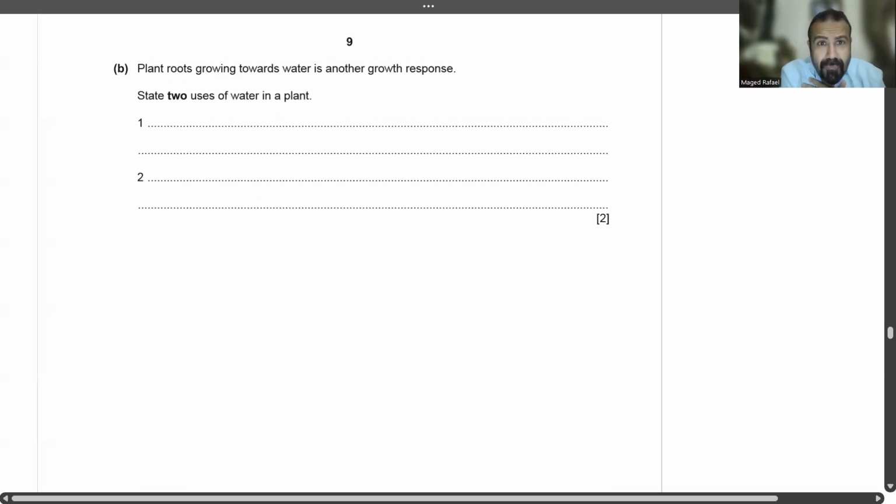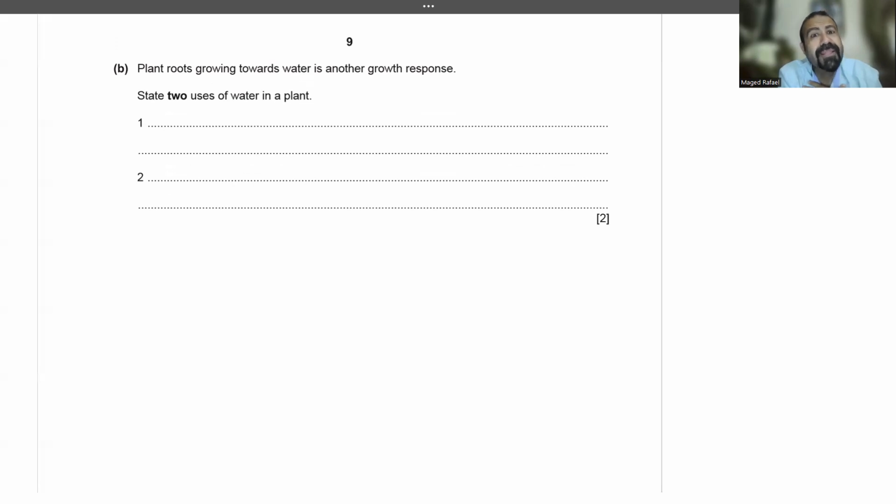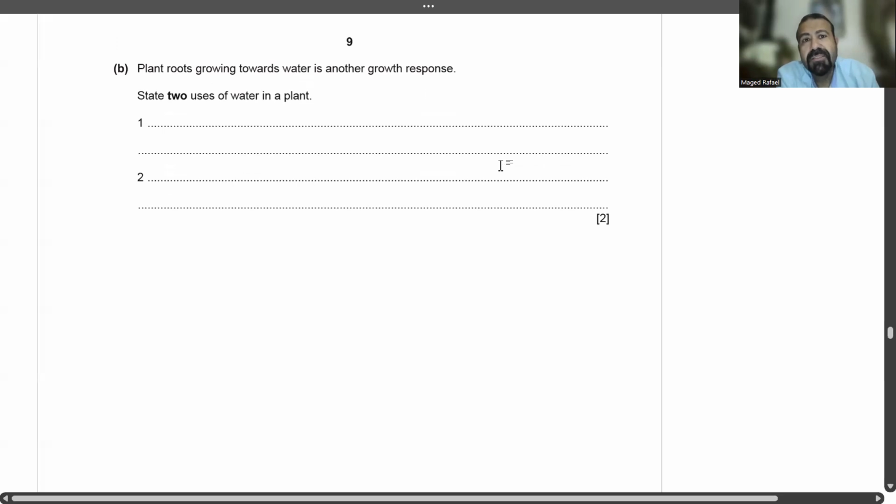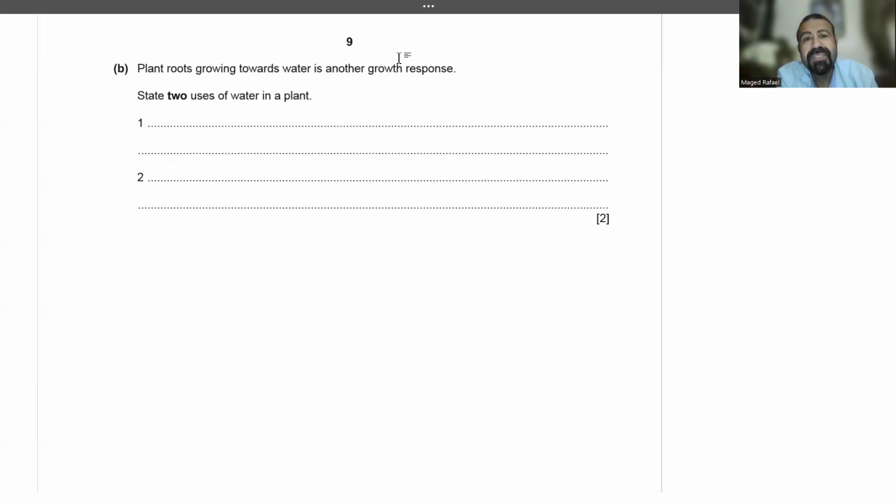I told you one day that they had not asked for uses of water for a while now. I expected this question in our paper, but it came now in March. Okay? They did not ask or test the use of water. Okay, bravo. Some of you mentioned cooling.